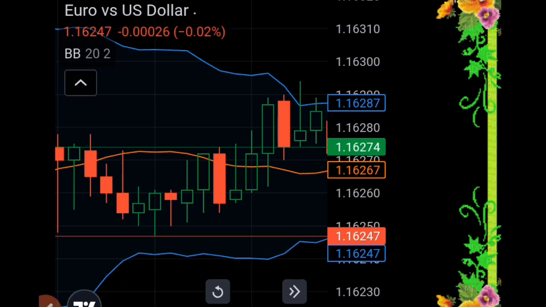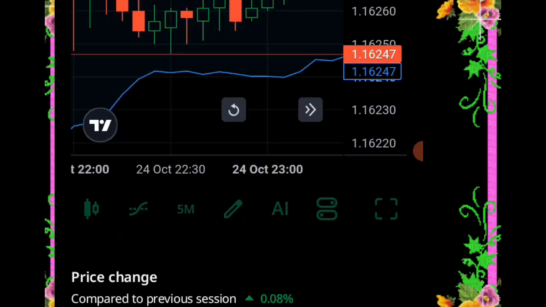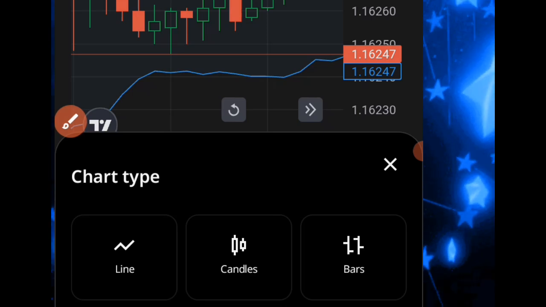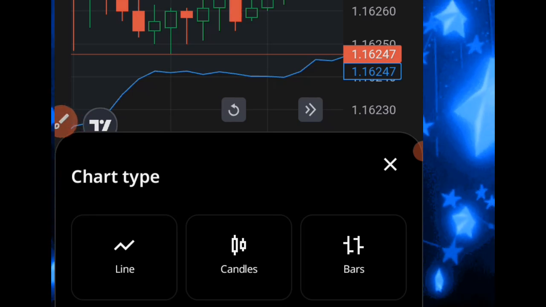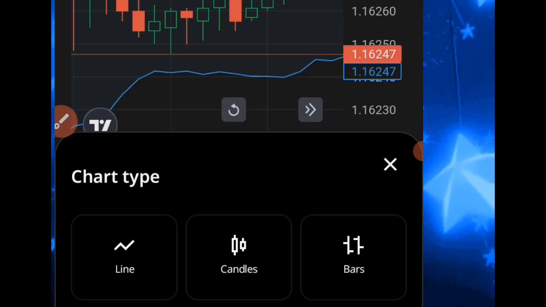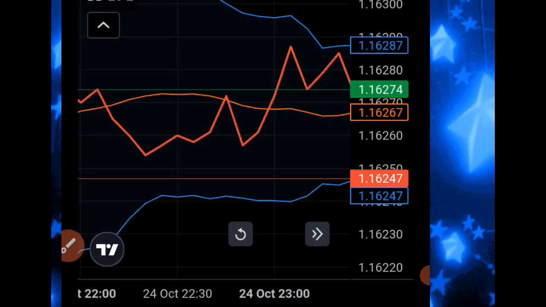Now, there are different chart patterns. For example, if you want to turn this chart into another format, you come here, then click here, and it will bring chart types. For example, if we want our FBS to show lines, we can click on lines.